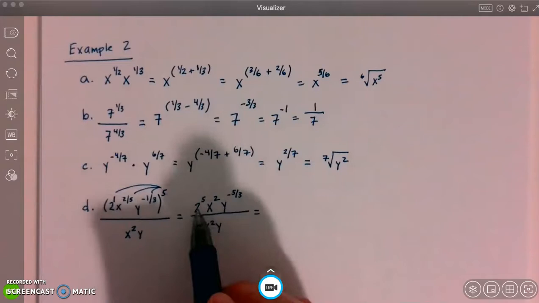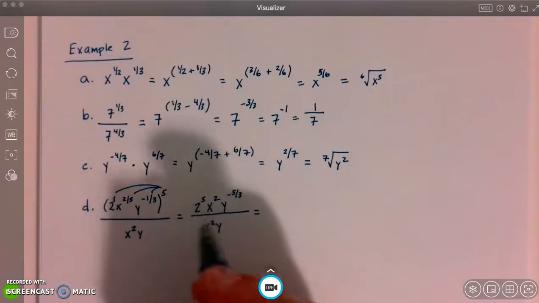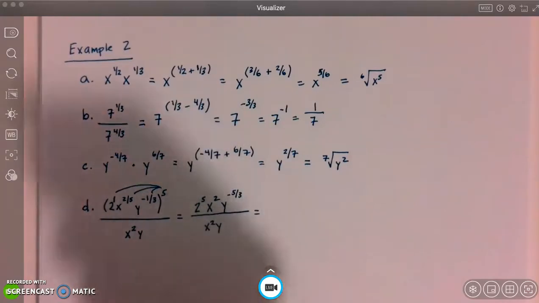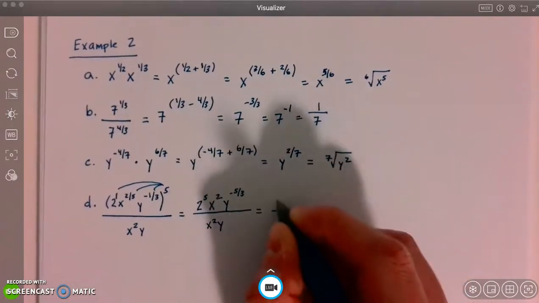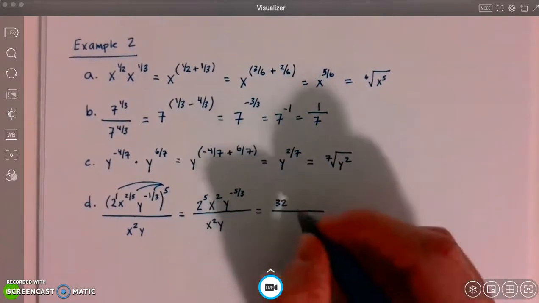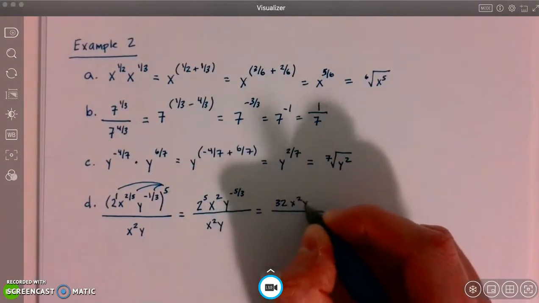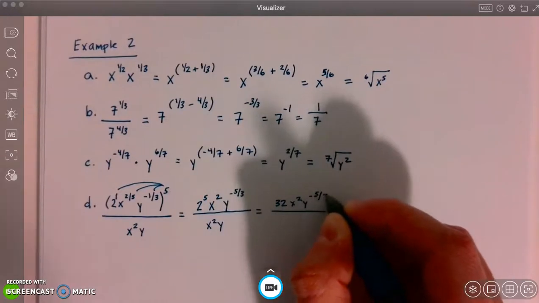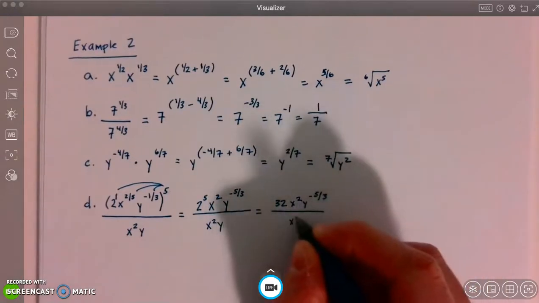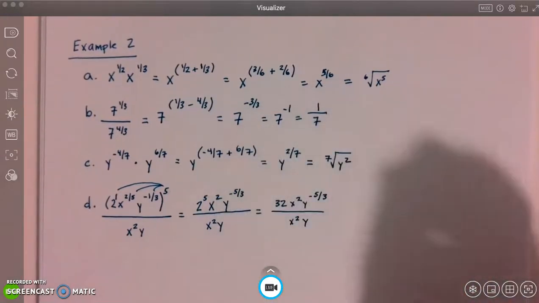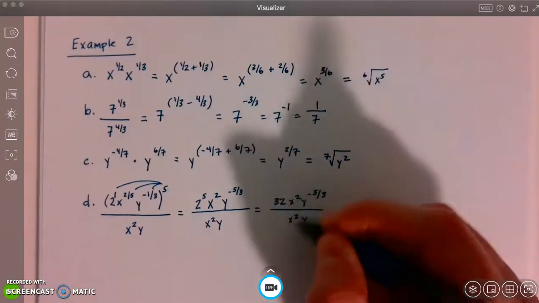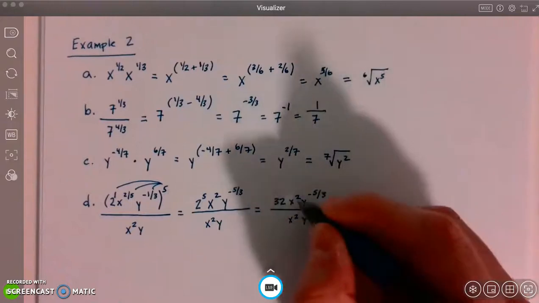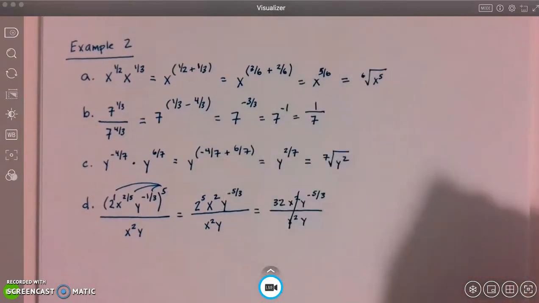I'm going to simplify this. 2 to the 5th is going to be 2 times itself 5 times, and that equals 32. I'm just going to rewrite everything else that I have. We can see now everything has been simplified. Now we can start dividing. So x squared divided by x squared cancels out.